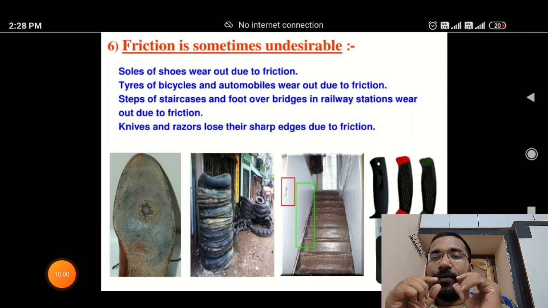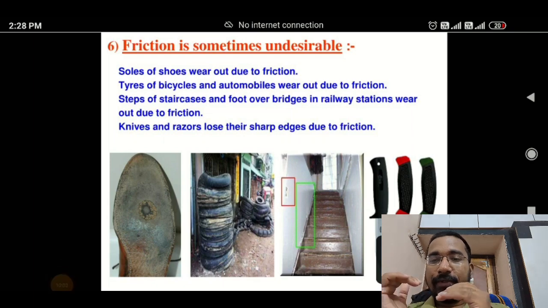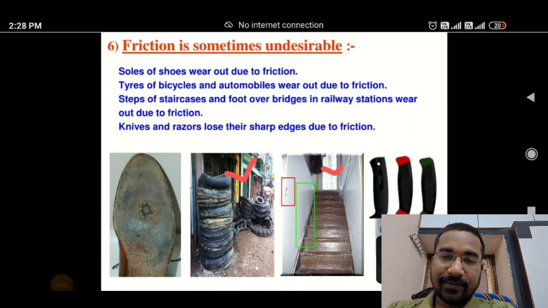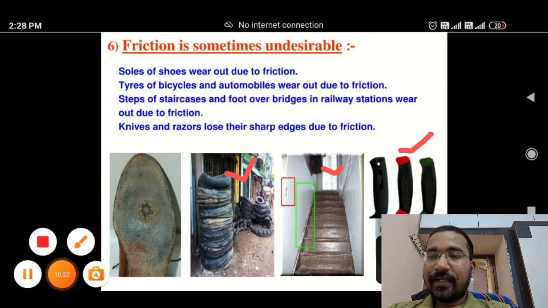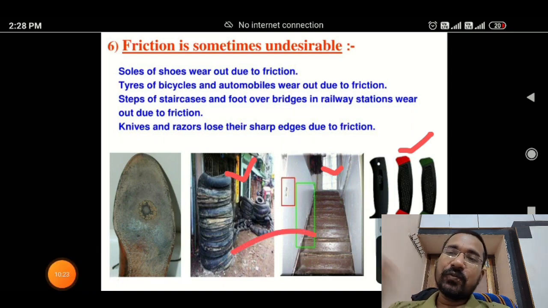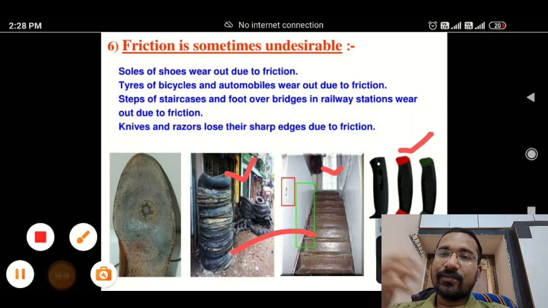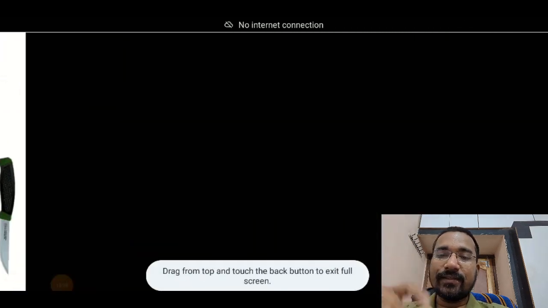After breaking, the molecules will break away, just like the condition of a switch in use. Here it is the tire, here the leather, and the most famous example is the knife. When you cut with a knife many times, the sharpness will decrease.